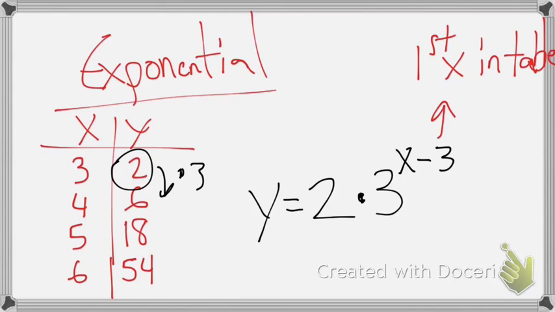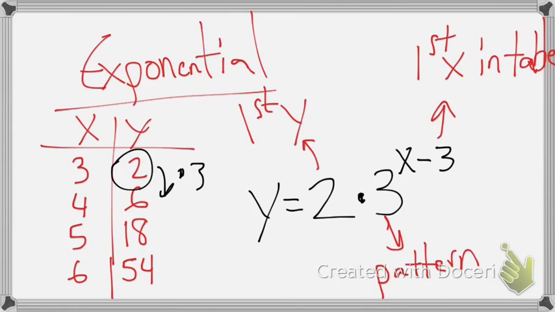So that number is the first x in the table. This number was the pattern. I shouldn't have probably used two 3s right there. It's kind of confusing. And this is just the first y in the table. So we got first y times the pattern to the x minus first x power. Just in case you need to do one of those.